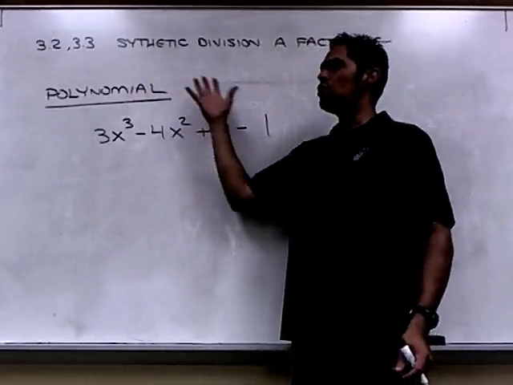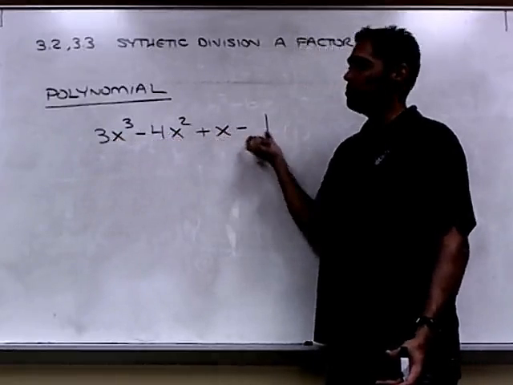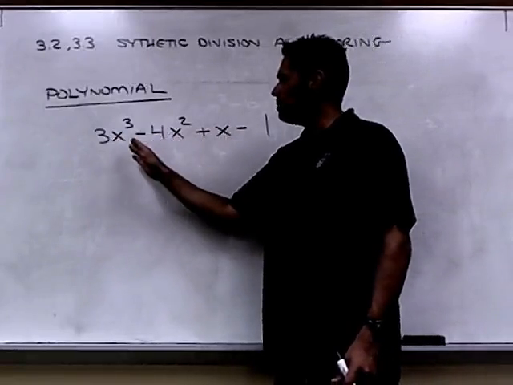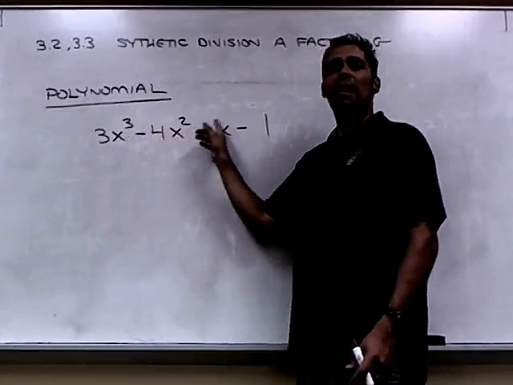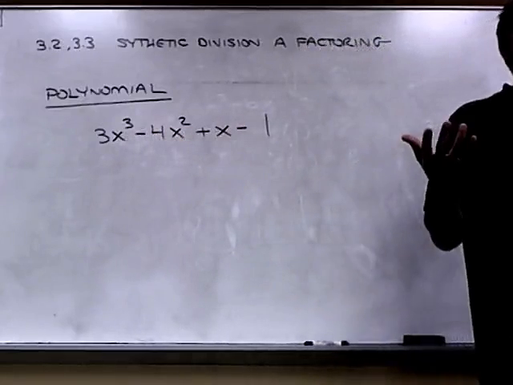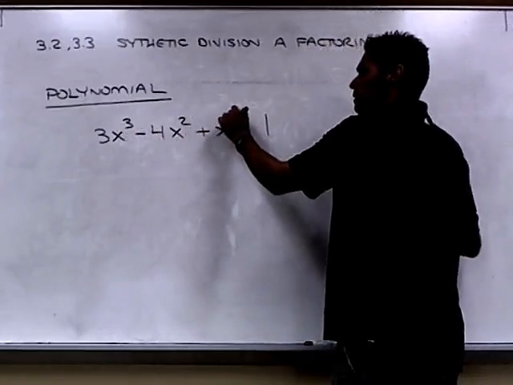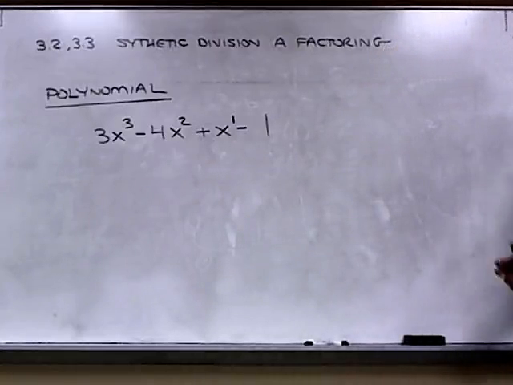Polynomial means many terms. I have 1 term, 2 terms, 3 terms, 4 terms here. And each of my terms has a variable in it, except for the constant, and each is raised to an integer power. X cubed, x squared, x to the first. Here there's no x. That's a polynomial, okay?